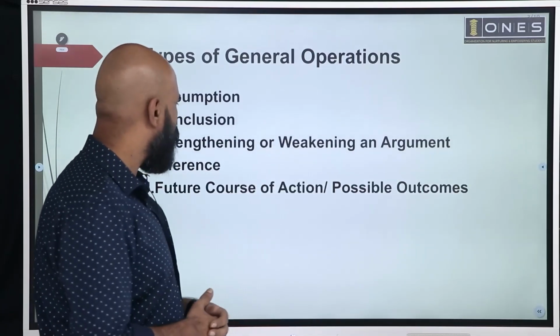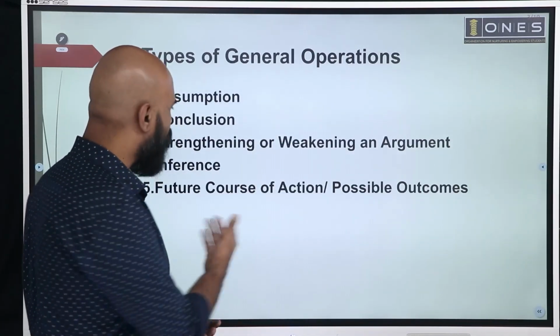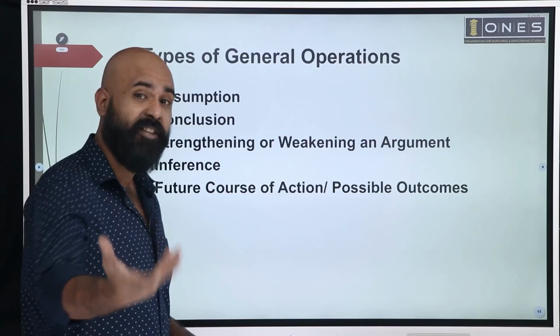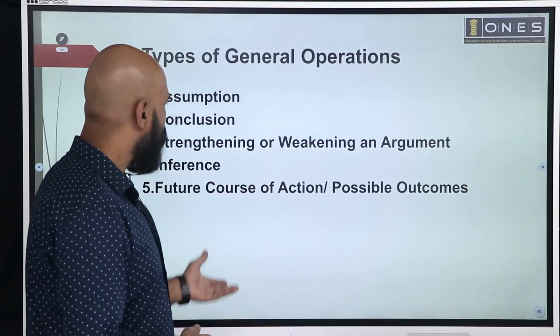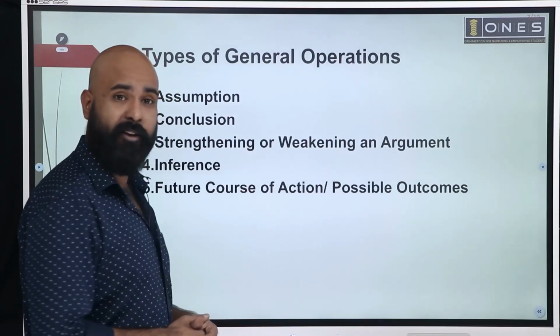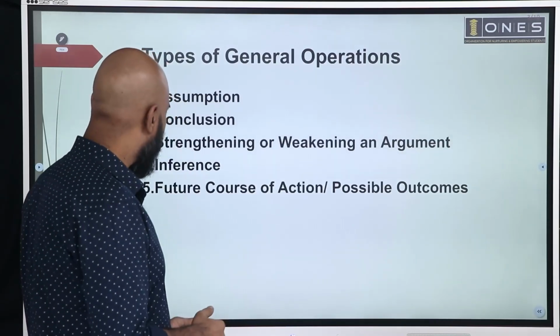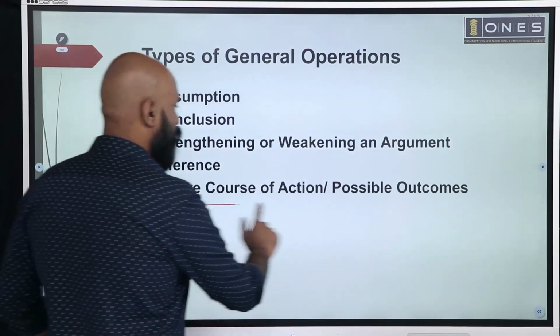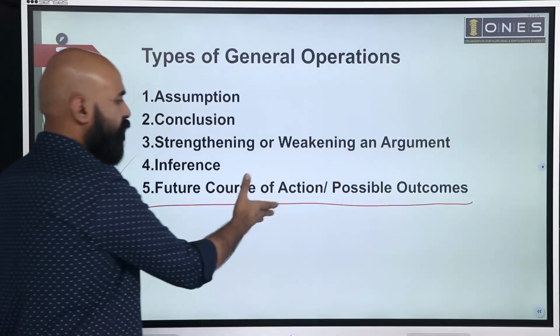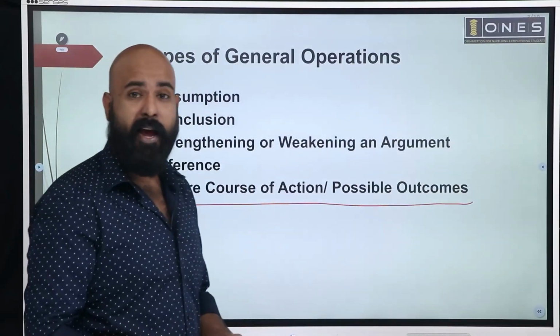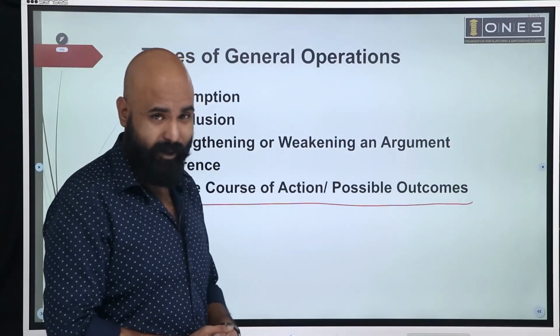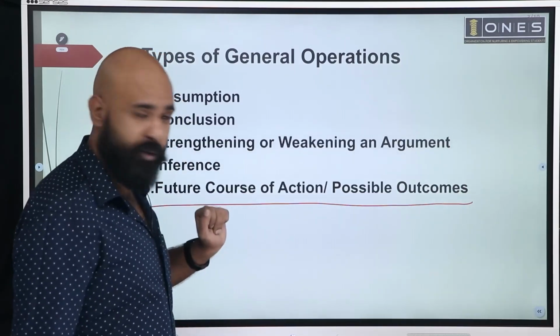The 5th one is quite rare because you would mostly find it in practical situations such as interviews. In very few cases, you might find it in critical reasoning papers. Mostly, you'd find this last one as future course of action or possible outcomes. You'd find them mostly in interviews and case studies. All right. So let's start with the first one.